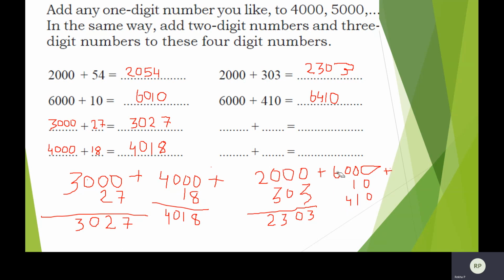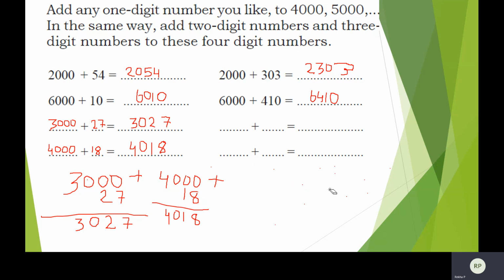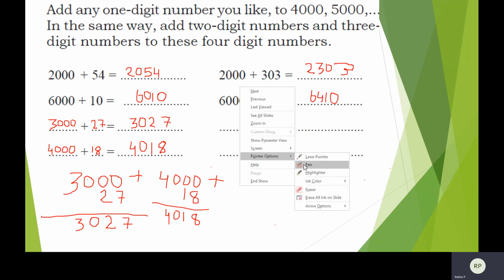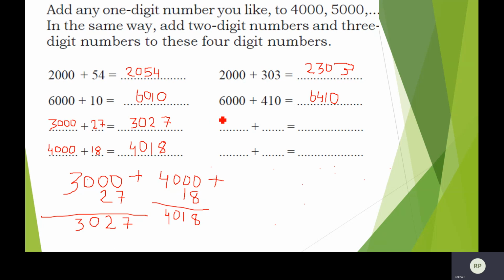Okay, so we are free to write what all are the values here. So this one, it should be another 4-digit number, like 2,000, 3,000, that has to be added to a 3-digit number. Okay, so let's write. So let's go with 5,000.